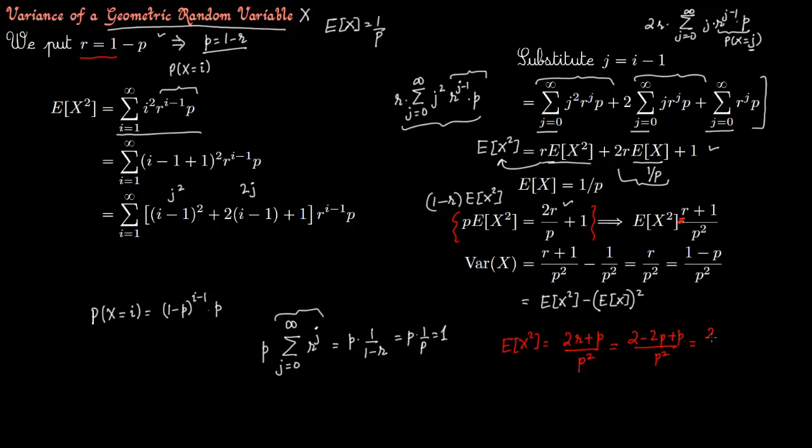That will be 2 minus p over p squared. But 2 minus p you can rewrite as 1 plus 1 minus p over p squared, and 1 minus p you can again rewrite as r. So that is how you get r plus 1 over p squared here. That is the variance of the geometric random variable X.